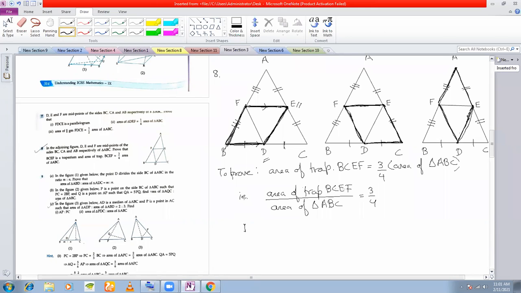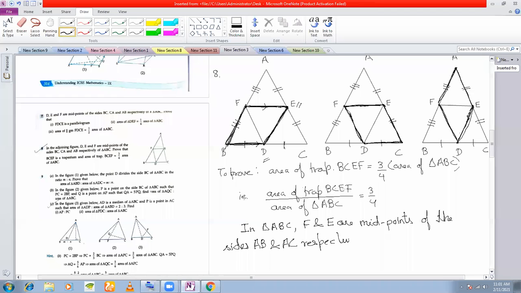So in triangle ABC, F and E are midpoints of the sides AB and AC respectively.